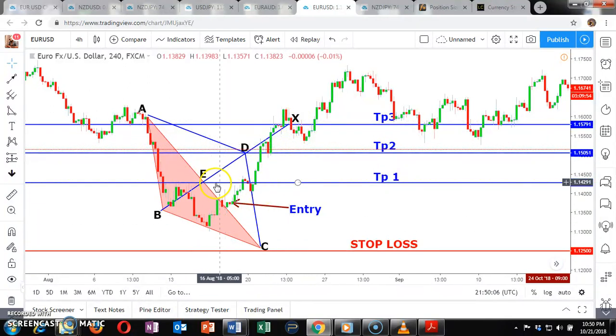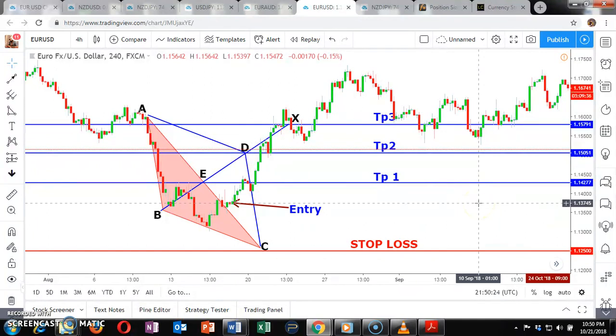And you've drawn these three lines. This is your take profit 1, known as TP1, take profit 2, known as TP2, and take profit 3, known as TP3. Now, this here, just below your C point, is where you place your line for your stop loss.